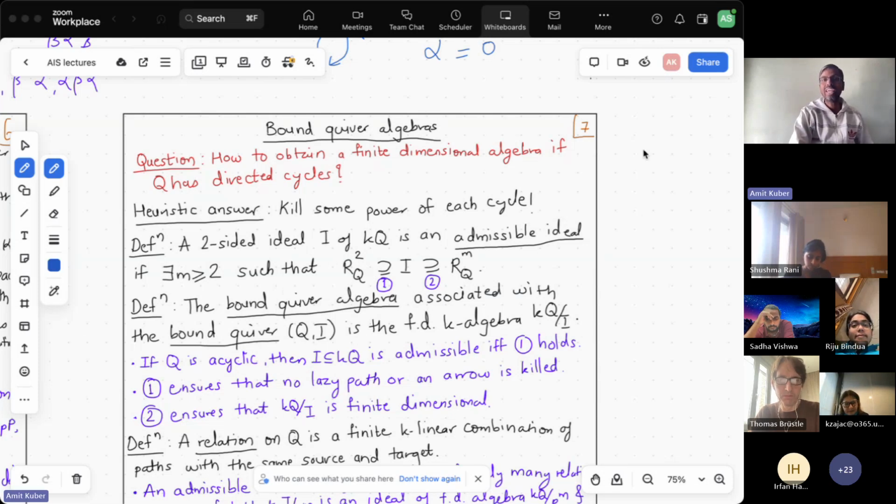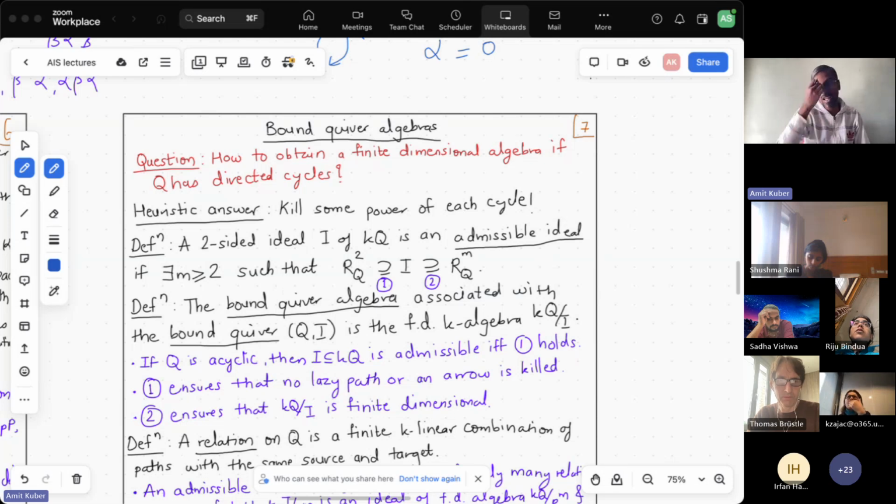The point of taking condition 1 is that no lazy path or arrow is killed by the ideal. It's not that you can't do it, but if we are treating the quiver as the set of source generators, then why would we kill some vertex, some lazy path or an arrow?